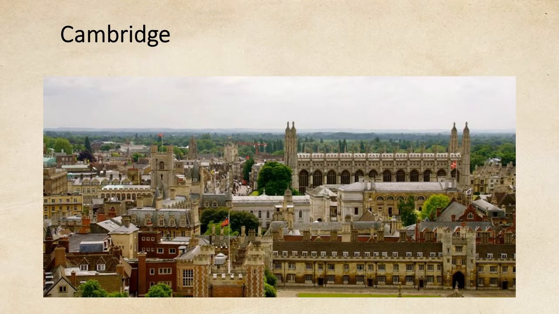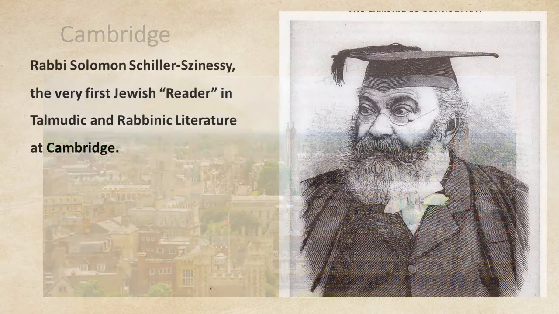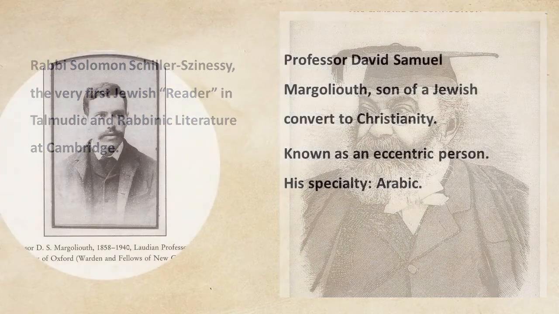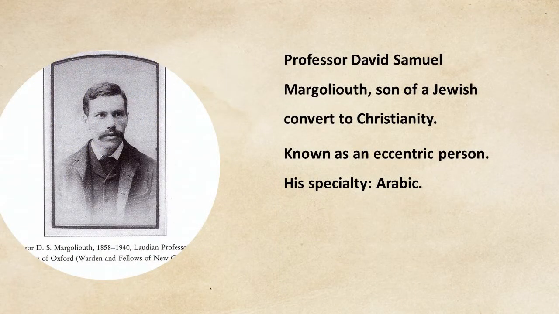Now, a little bit about Cambridge. What's happening in Cambridge? They had a rabbi, Solomon Schiller-Szinessy, who was the first Jewish reader in Cambridge. A reader is what they call a professor there. He was a reader in Talmudic and rabbinic literature. Then there's another person there, Professor David Samuel Margoliouth, and his father converted to Christianity, so he was raised Christian, but he had a relationship basically with Middle Eastern and Jewish subjects.